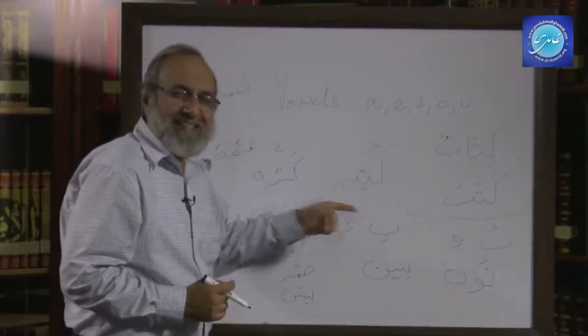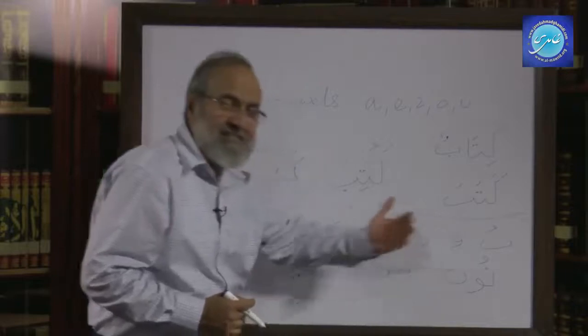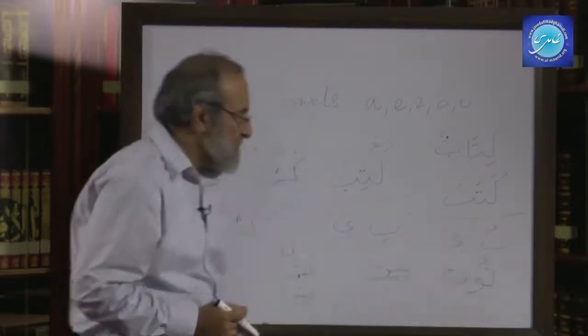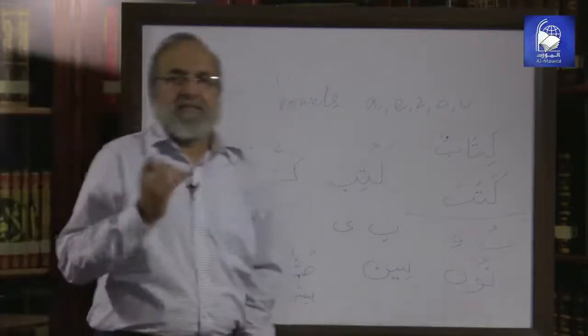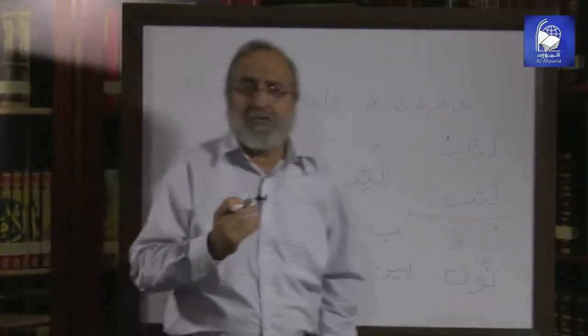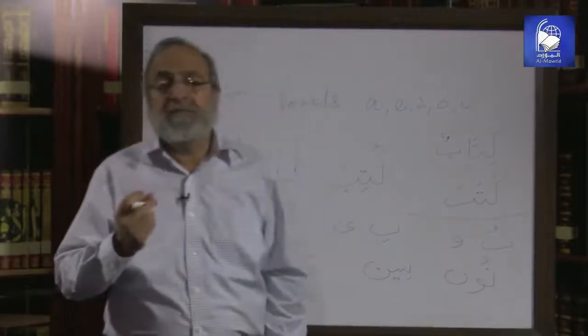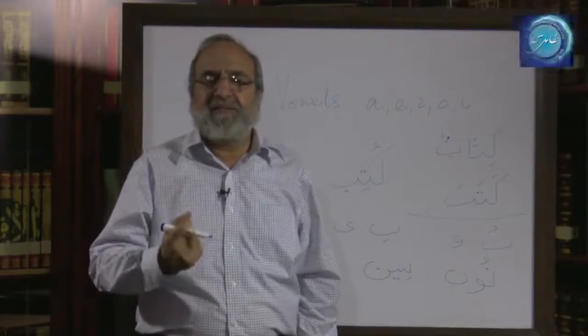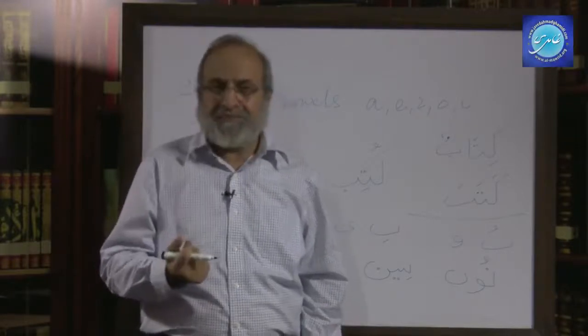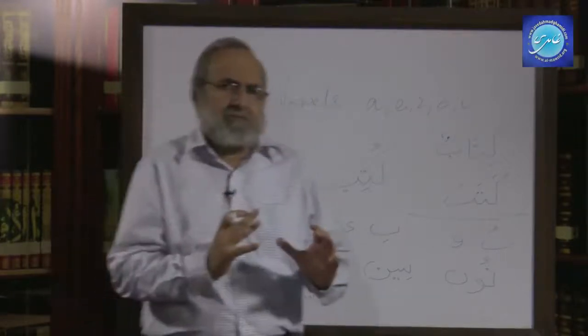It's not just ti, it's seen. So what I'm trying to say is that all these three vowels, that is dhamma, which is u, fatha, which is a, and kasra, which is I, have their own sounds.